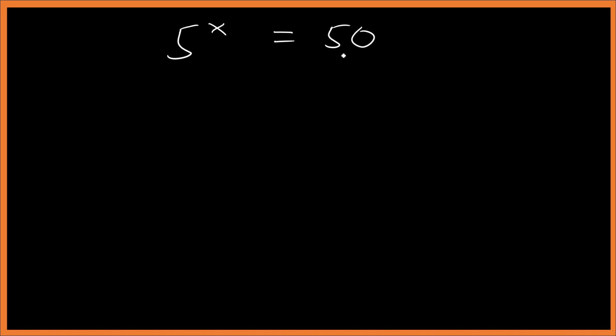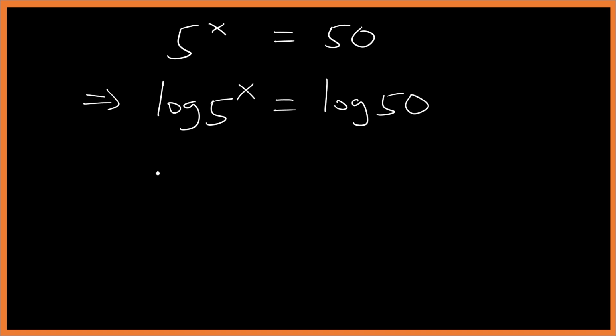Okay, so what we are going to do here is to solve for x, and before we can do that, we have to take log on both sides. The idea is to bring the power down, so we have log of 5 raised to x equals log of 50. So this side will be x log 5 equals log 50.